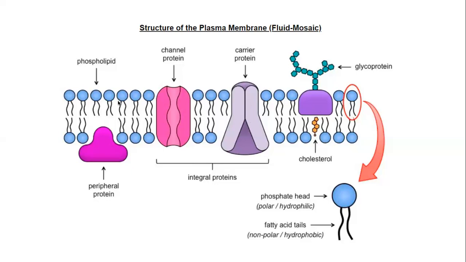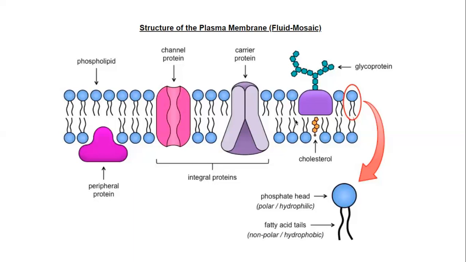Now, in addition to our phospholipids forming this nice bilayer, we're also going to have cholesterol. And cholesterol is going to be found in between these fatty acid tails so that they don't stick together. We don't want our cell membrane to be solid, right? Because if we have saturated fatty acids, we're going to have solids, and we don't want that.